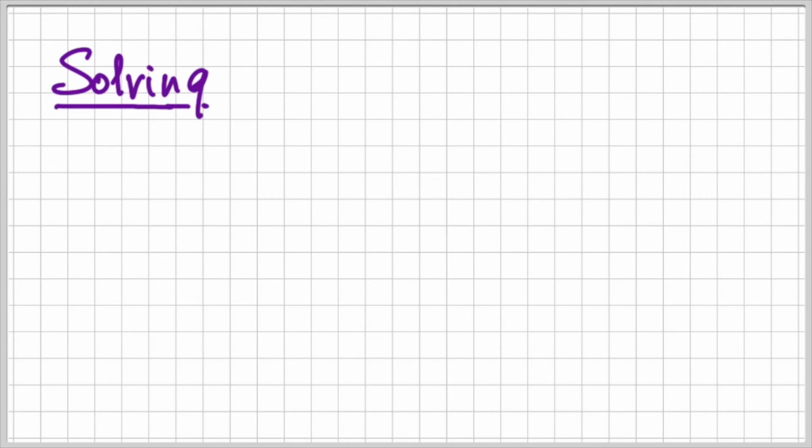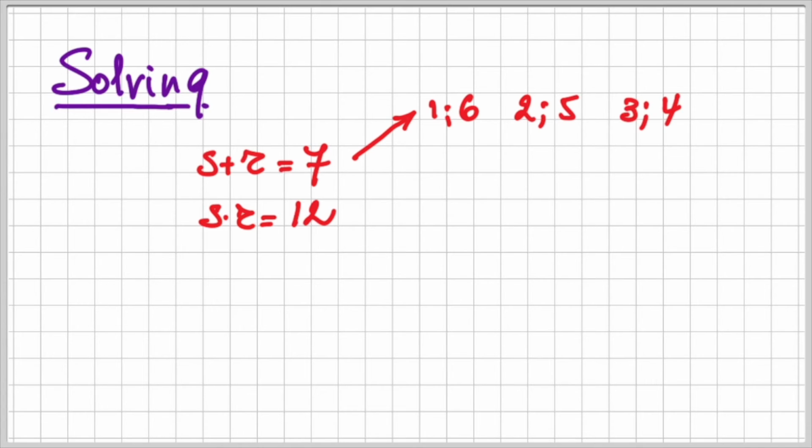So what we have to do now, we have to solve this. So we have s plus r equal to 7 and s times r is equal to 12. What are the possibilities to have two integers with a sum s plus r equal to 7? So we have 1 and 6, 2 and 5, and 3 and 4.